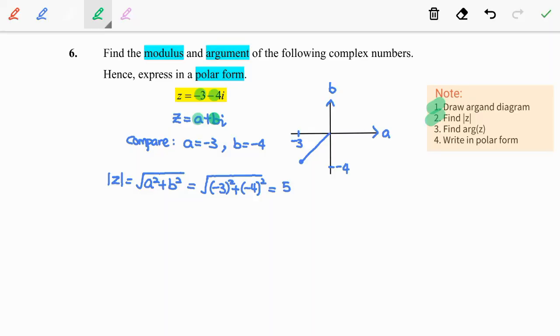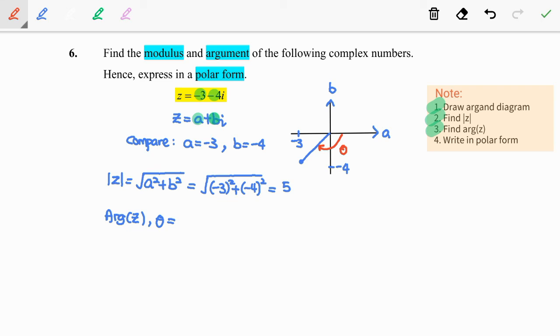Step 3. Find the argument of z. Argument of z is denoted as theta, and this is the angle measured from the positive axis toward the line. So here is the theta. In this case, the angle rotates clockwise.